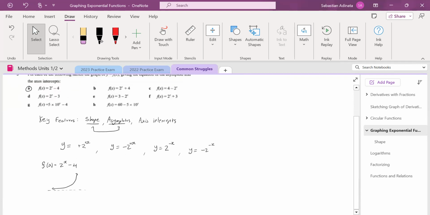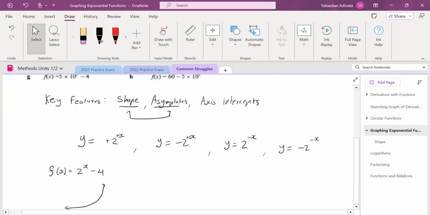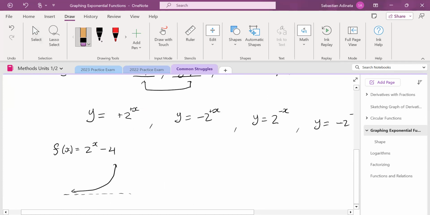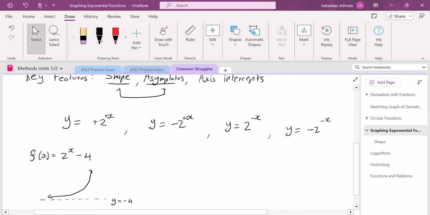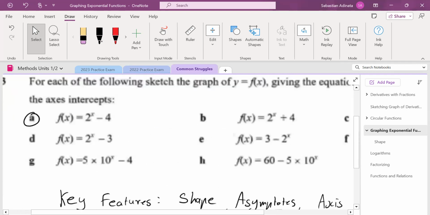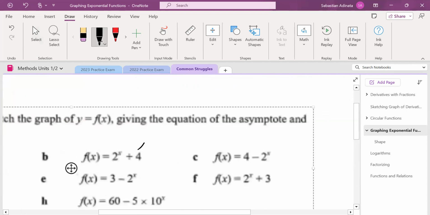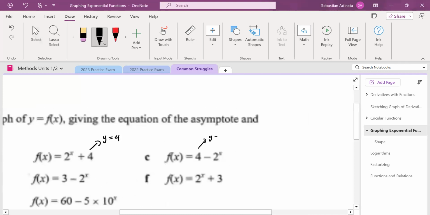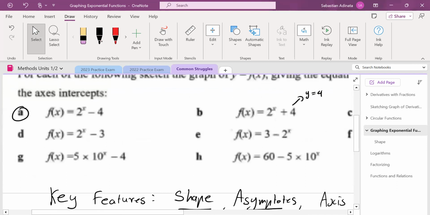The asymptote is the easiest part. In this case, the asymptote is y equals negative 4. How do I know that? You can just read it off. So for example, here, the asymptote is y is equal to 4. Y is equal to 4. Y is equal to negative 3. Y is equal to 3.